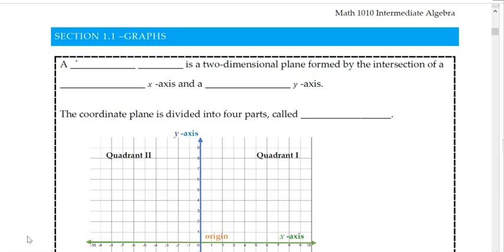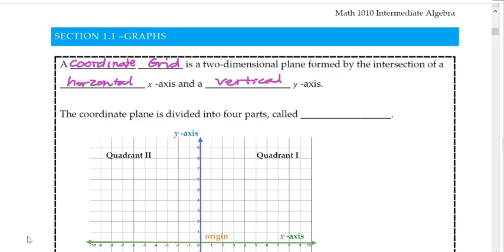So a coordinate grid is a two-dimensional plane formed by the intersection of a horizontal x-axis and a vertical y-axis.